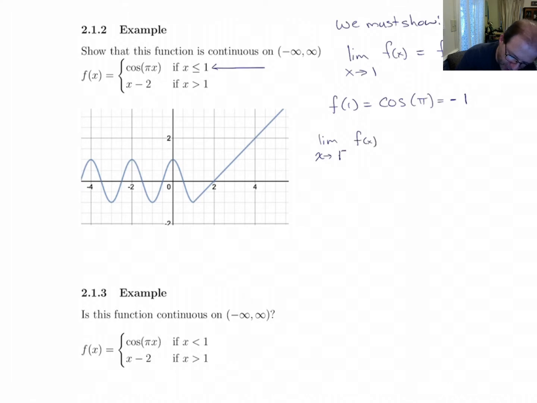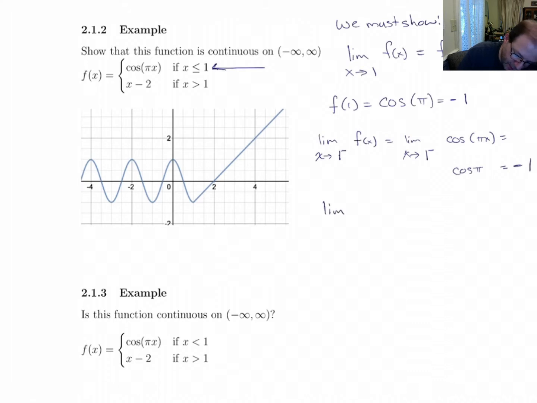If we're approaching from the left, that means that x is less than 1, so we're up here. Cosine pi x, that should be cosine of pi times 1. Cosine of pi is negative 1.